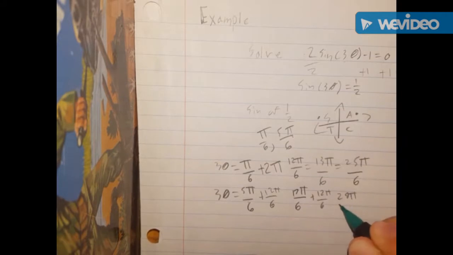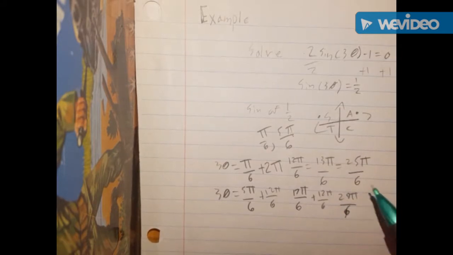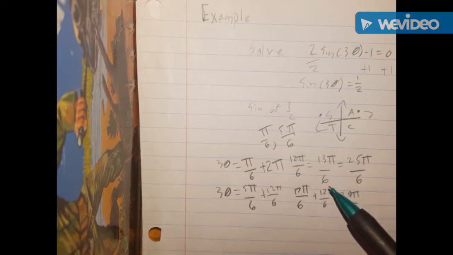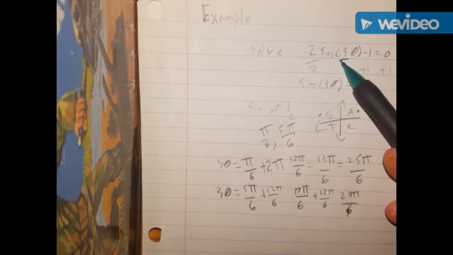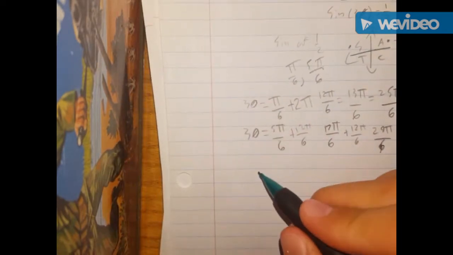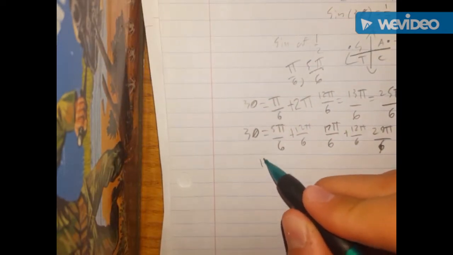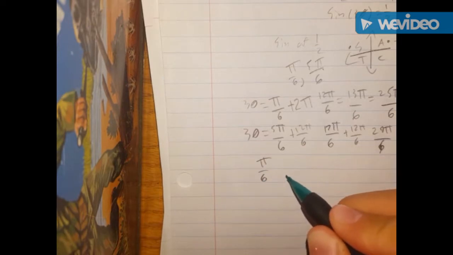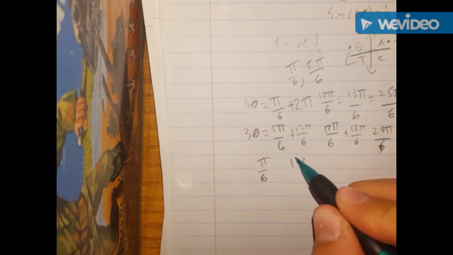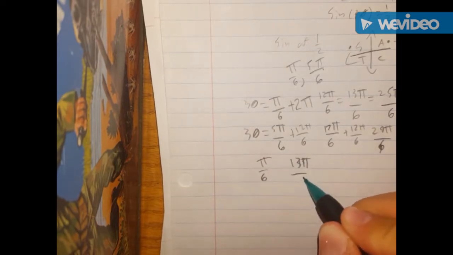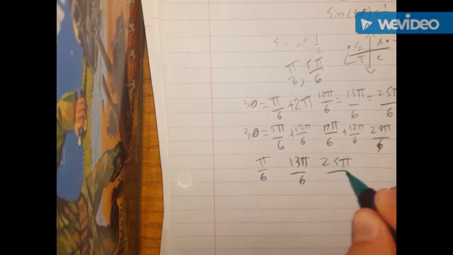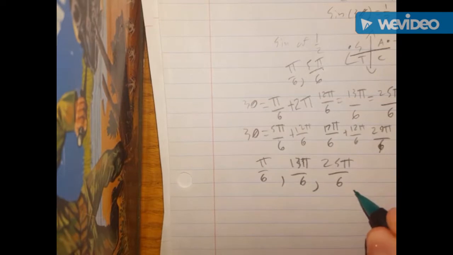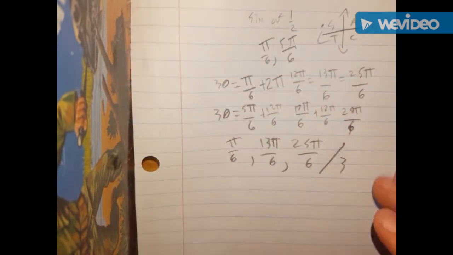29 pi over 6. And then we will divide all these numbers by the coefficient of theta, which is 3 again. So we've got pi over 6, 13 pi over 6, and 25 pi over 6 divided by 3.